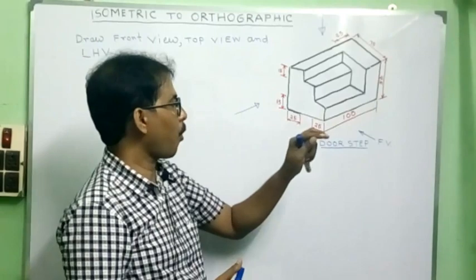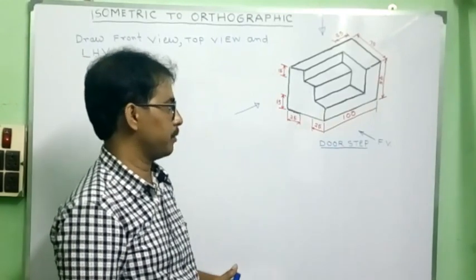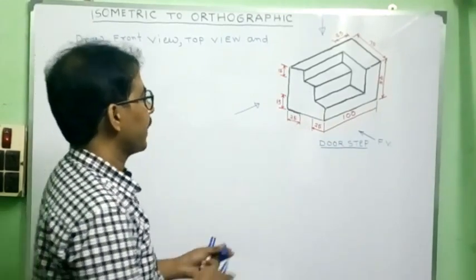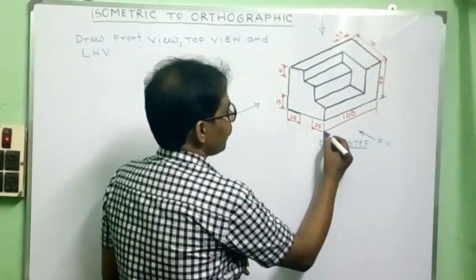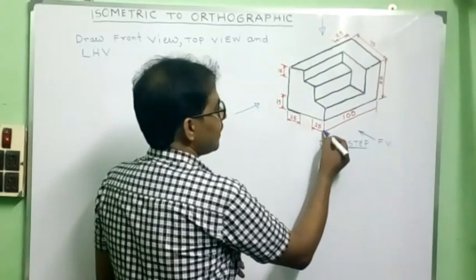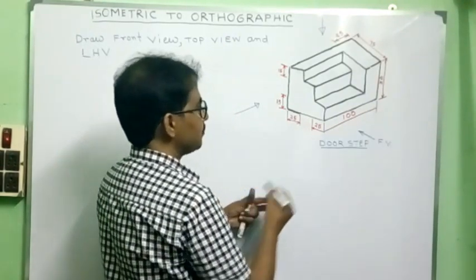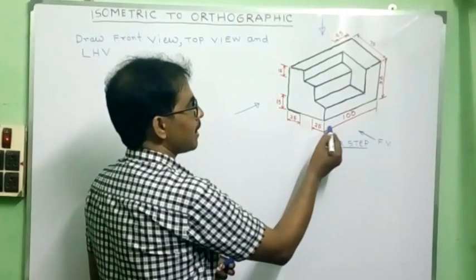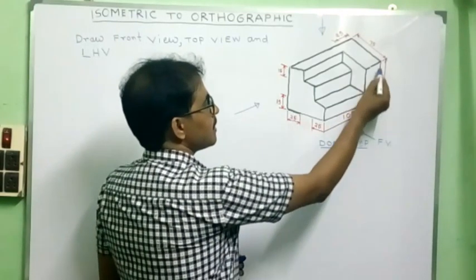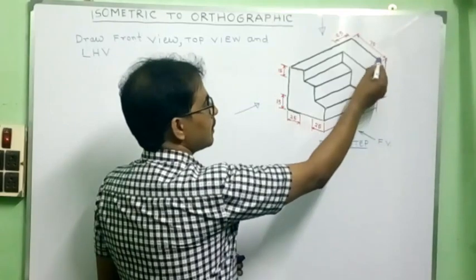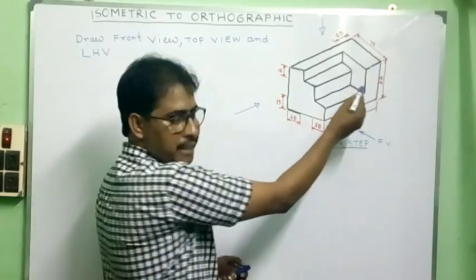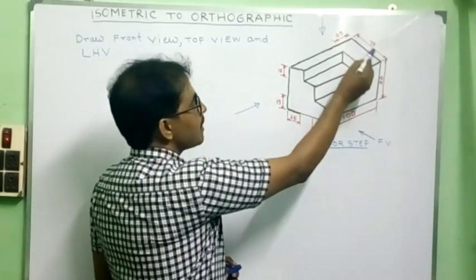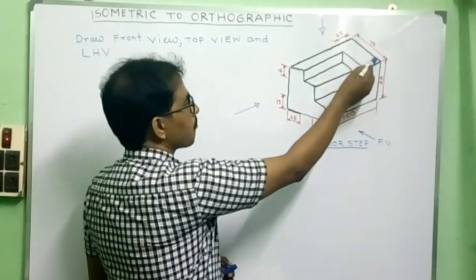Front view of the doorstep. Here the length is 100 millimeter. Height is 50. Width is 75.